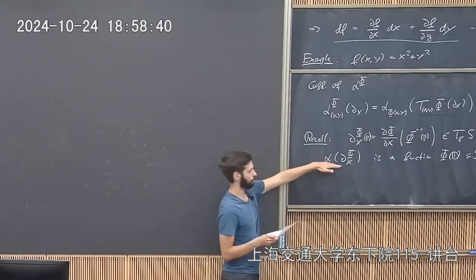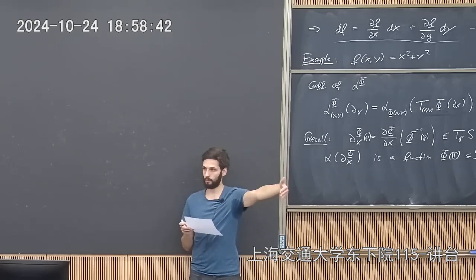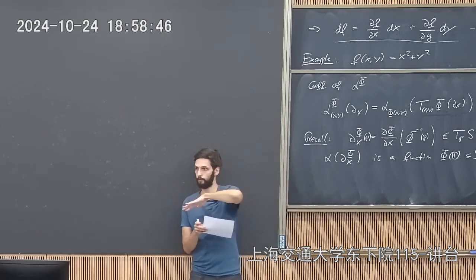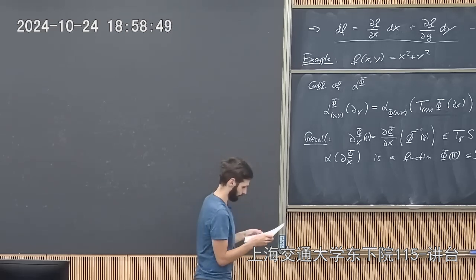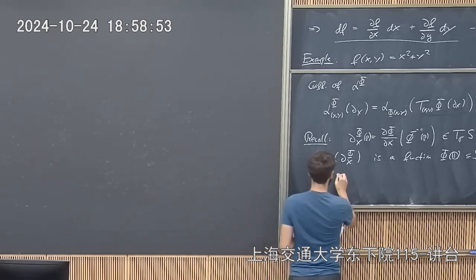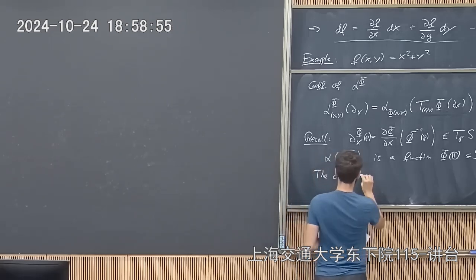And last time we talked about how, once we have a function living on the surface, we can pull it back with the chart to get the chart representation of that function. So let's calculate this one.